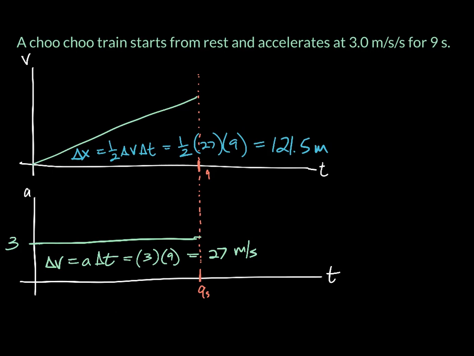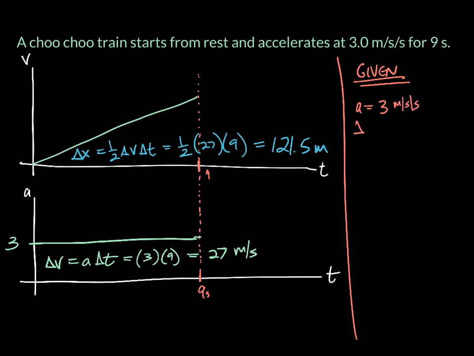All right. Now the equation hunting method would say: you've been given the fact that acceleration is 3 and that delta t is 9 seconds, and you would say to yourself, oh, I think there's a rule that says delta v is a delta t. That's equation hunting. So that must mean delta v is 27.